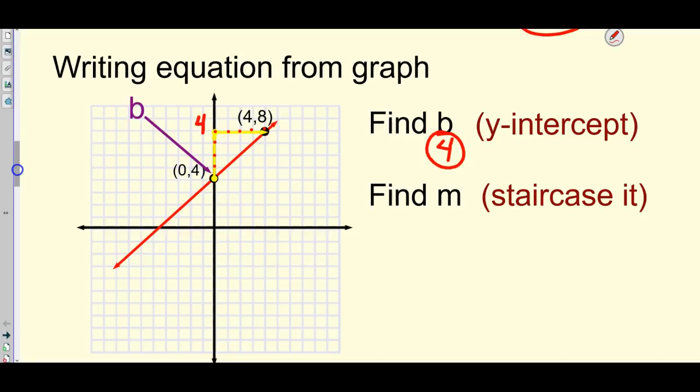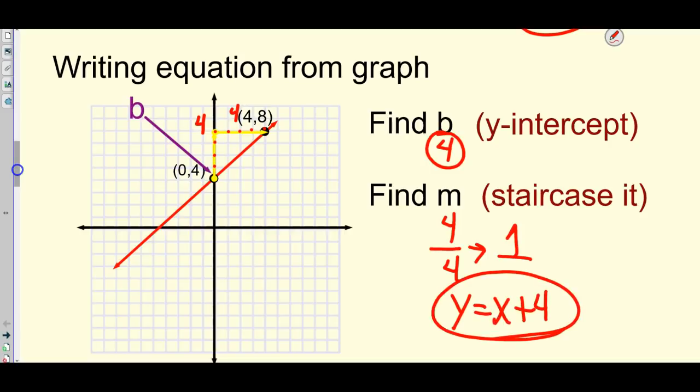So we have a slope of 4 over 4, which would give us 1. If we have to write the equation in y equals mx plus b, we would have y equals x plus 4. But again, the two things that you need for your equation are the b first, then find your slope as you're working off of it.